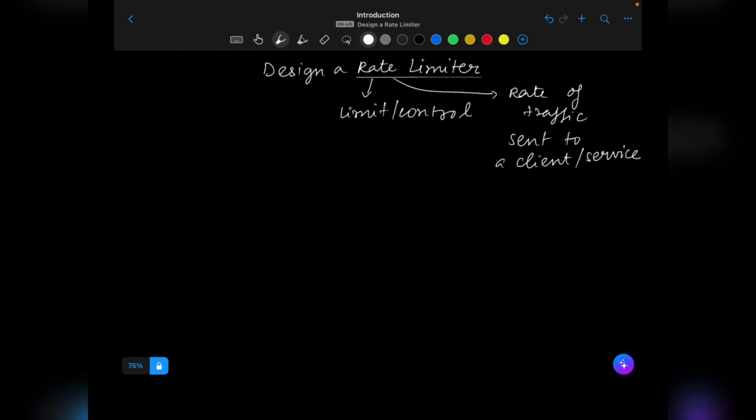Before diving into the nitty-gritty of how a rate limiter actually works in an ideal scenario, let's first ask this question: why do we need a rate limiter?